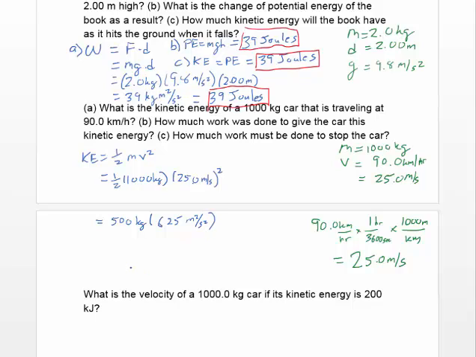And if we put all that together, we're going to find that that is 313,000 joules. Sometimes we write that as 313 kilojoules, just to simplify the numbers, remember, using the metric prefixes. So that would be our answer, 313 kilojoules, or equally valid would be 313,000 joules. Both of those are exactly the same.